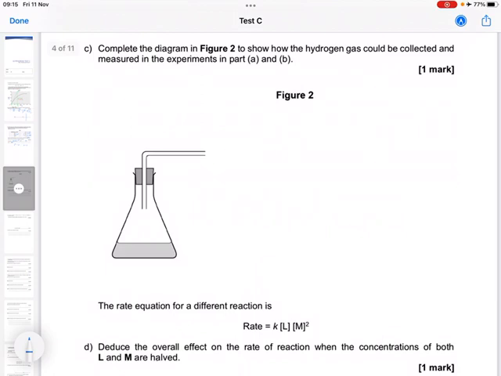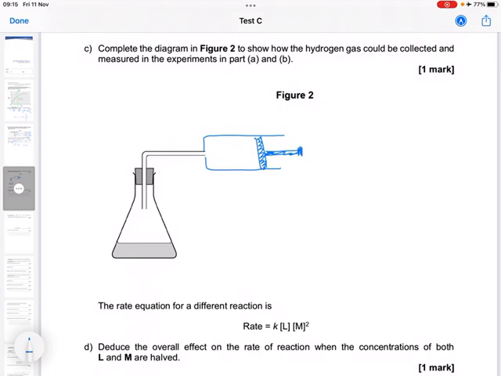Complete the diagram in figure 2 to show how hydrogen gas can be collected and measured in the experiments in part A and B. Okay, so 1 mark for this. You've got 2 options, and it has to be properly sealed. One would be to use a gas syringe, which will look a little bit like this.